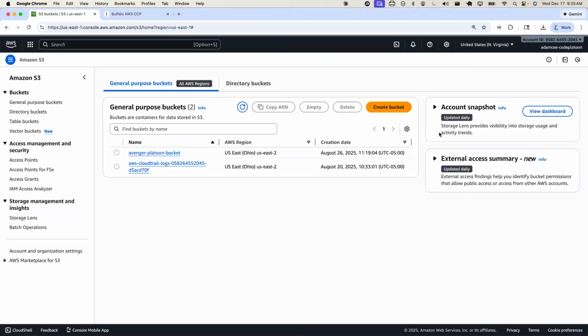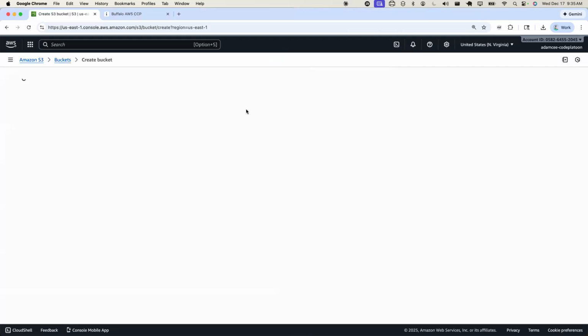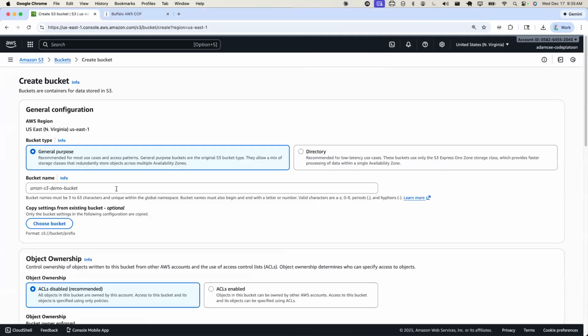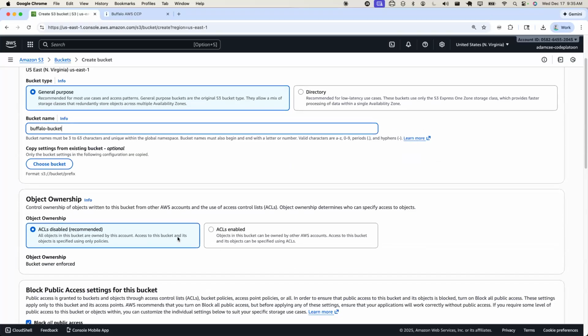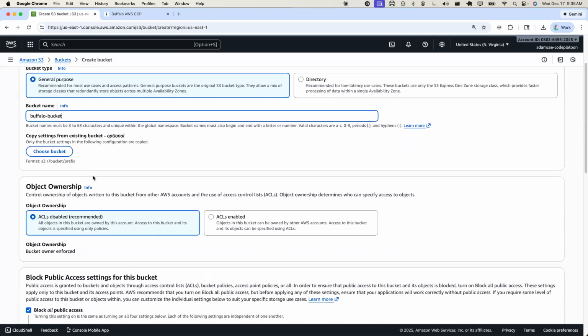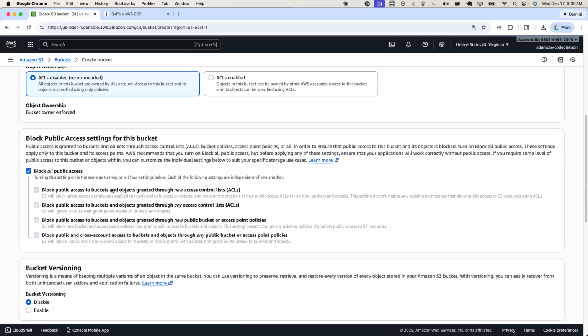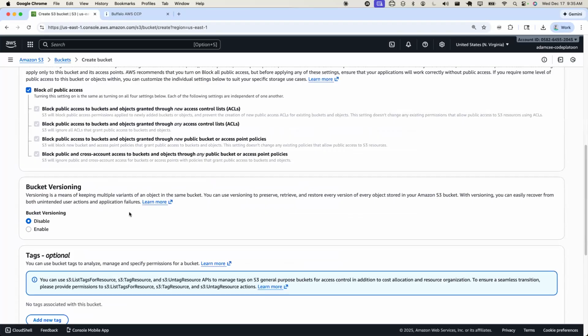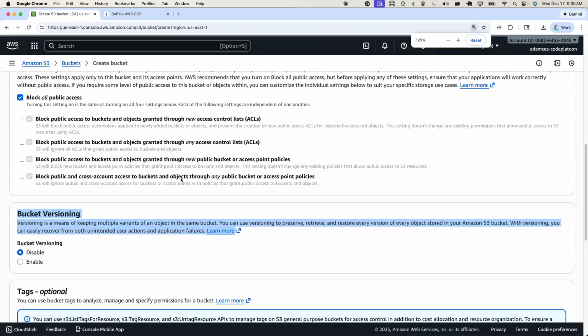It's called an S3 bucket, and we'll just call it Buffalo bucket. There are some customization options. When you put something in it, they call it an object, but you can treat it really like a file server. It does things like handle different versions of something.